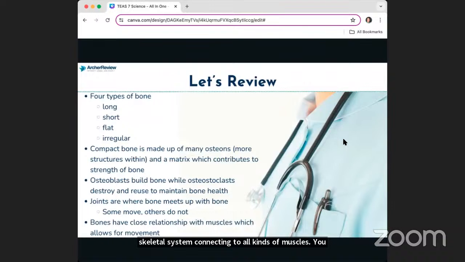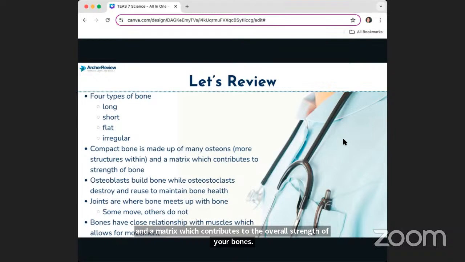All right, we're reviewing our last topic, the skeletal system. There are 4 types of bone in the skeletal system: long bones, short bones, flat bones, and irregular bones. Compact bone is made up of many osteons and a matrix, which contributes to the overall strength of your bones.